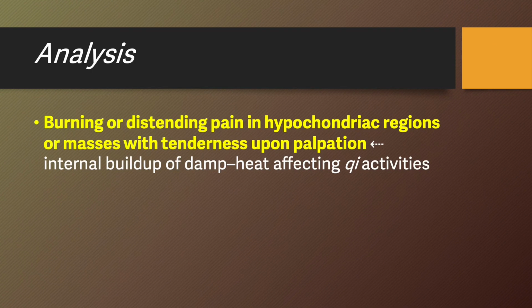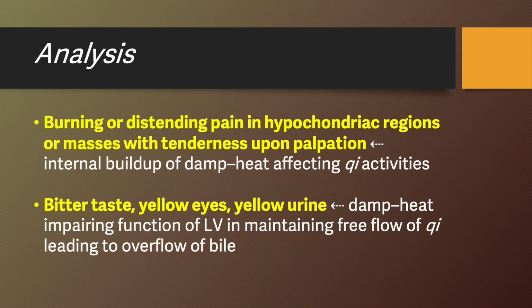Internal buildup of damp heat may affect qi activities, causing burning or distending pain in hypochondriac regions or masses with tenderness upon palpation. Damp heat may impair the function of the liver in maintaining the free flow of qi, leading to overflow of bile and subsequently a bitter taste, yellow eyes, and yellow urine.